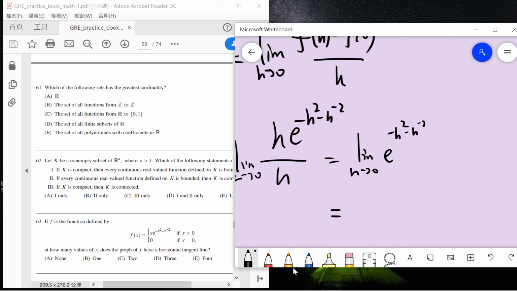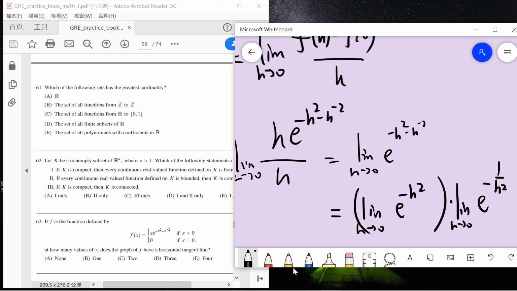Okay, so the limit as h goes to 0 of the first exponential term in h squared, times the limit as h goes to 0 of the exponential of 1 minus h squared. So when h becomes 0, this is 0. So this term is 1.